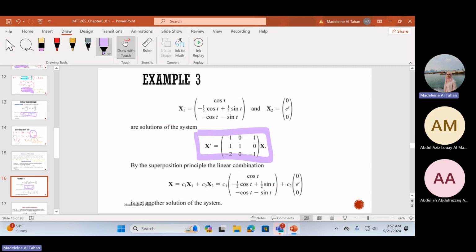How did we write it as a system? x prime is equal to x plus z, y prime is equal to x plus y, and z prime is equal to negative 2x negative z. Right, miss?